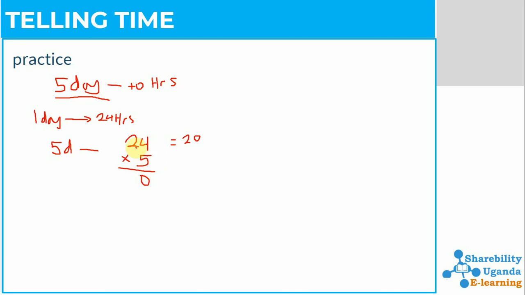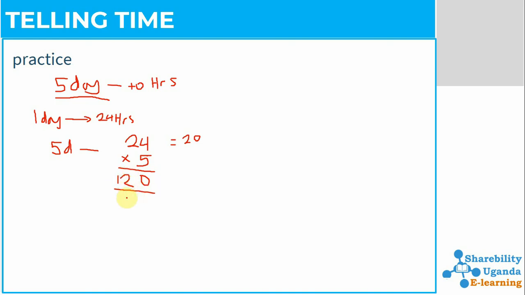And then what is 5 times 2? We get 10. But remember, we remain with our 2 here, so we shall add our 2, which is going to be 12.